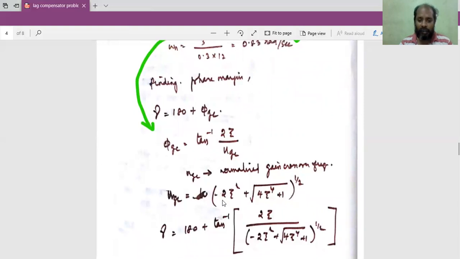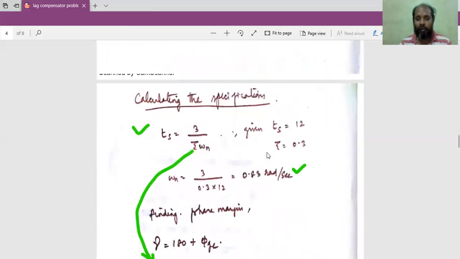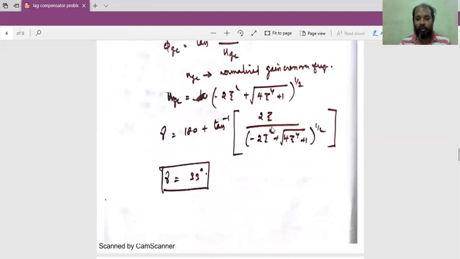The formula for that is (minus 2 zeta squared plus square root of 4 zeta power 4 plus 1) the whole power 1 by 2. Now you replace this value here, and you obtain a formula to find your gamma value. Your zeta is provided as 0.3. Substitute that here, and you will get gamma equal to 33 degrees.